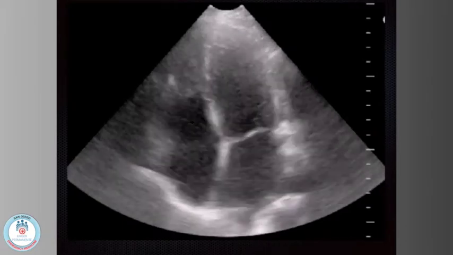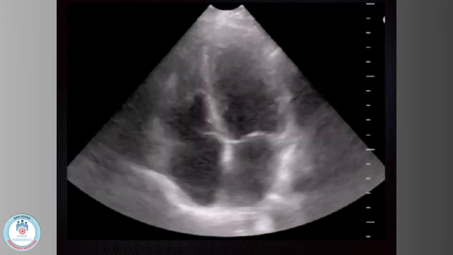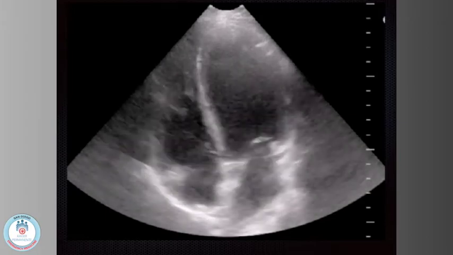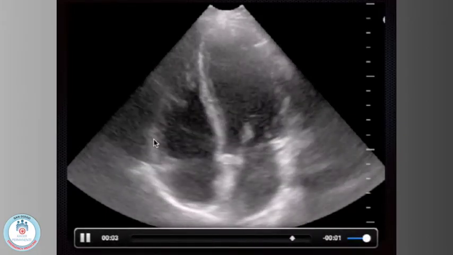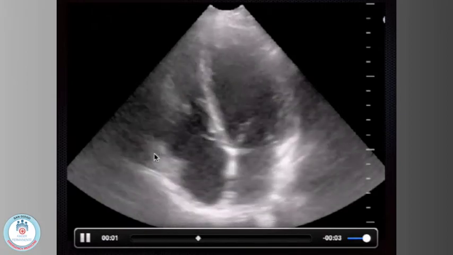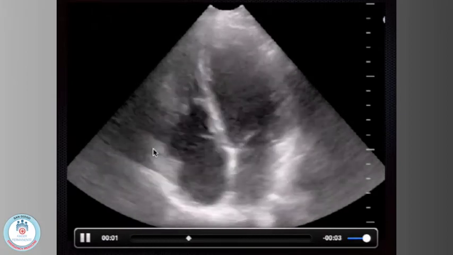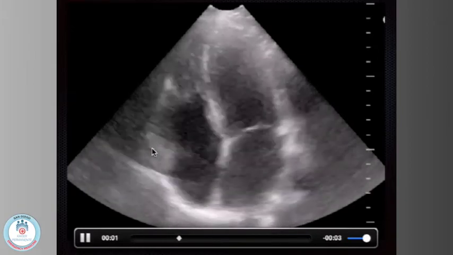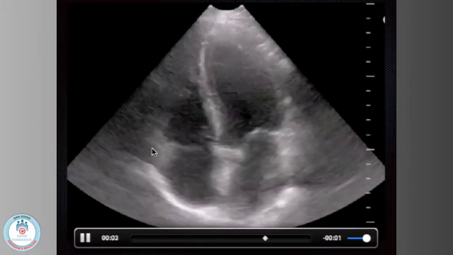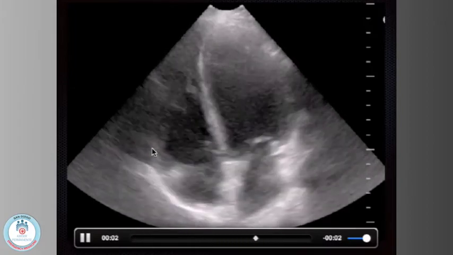Now, remember I told you that the RV has a cylindrical contraction to it. It's going up and down in this pattern. What we're looking at is that lateral free wall of the RV. You can see it right here. This is the annular plane of systolic excursion. You guys see it going up and down? I'm trying to chase it with my mouse there. See that? If you put an M mode spike right over that lateral wall, you're going to see the M mode tracing going up and down.